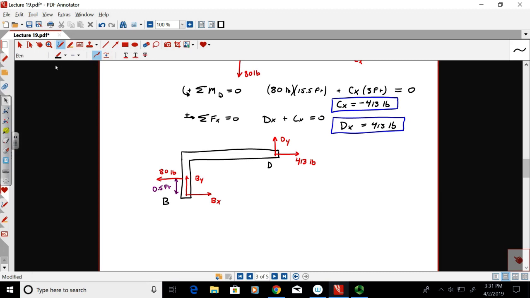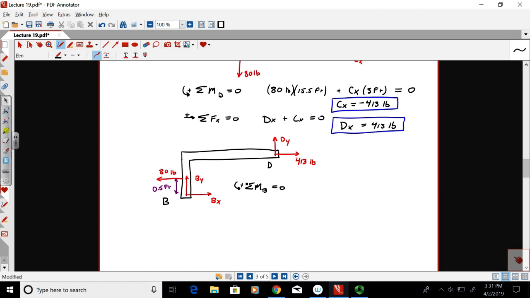Put a moment on B. Exactly. Sum of the moments about B equals 0. So what creates moment about B? Three things: the two forces at D and the 80 pounds. Let's do the 80 pounds.